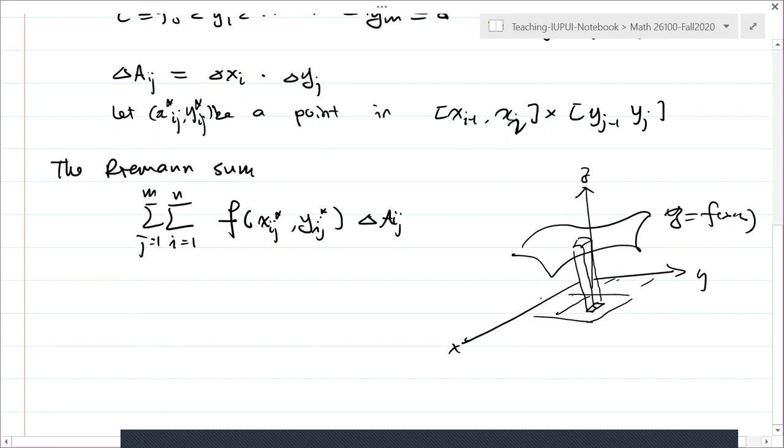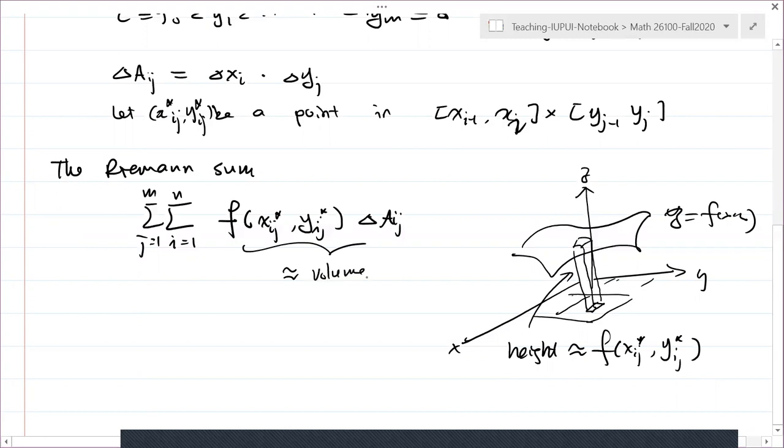The height is almost equal to f of (xij star, yij star). So the product is an approximation of the volume of this cylinder, the three-dimensional region under the graph above this rectangle, if the function f is positive.